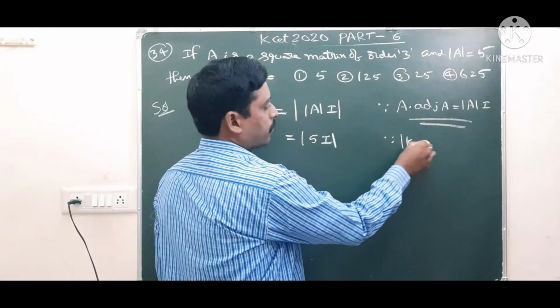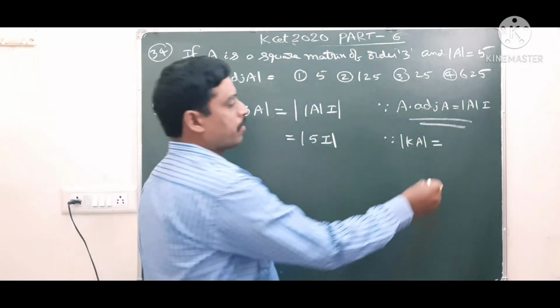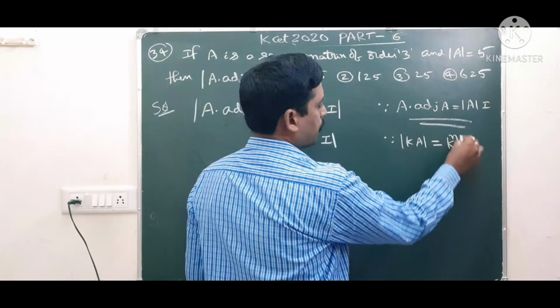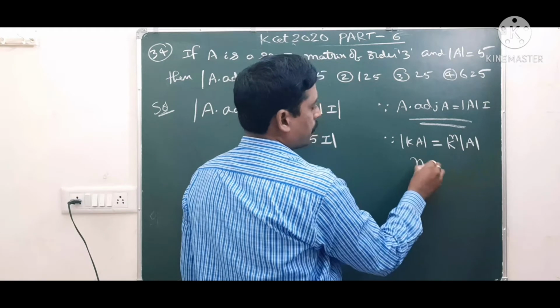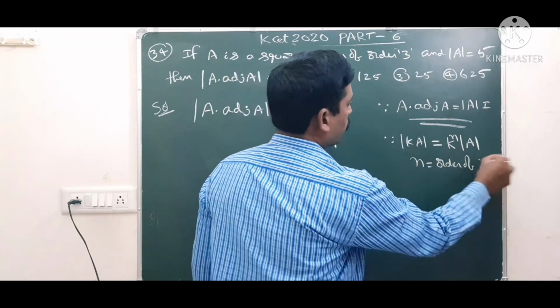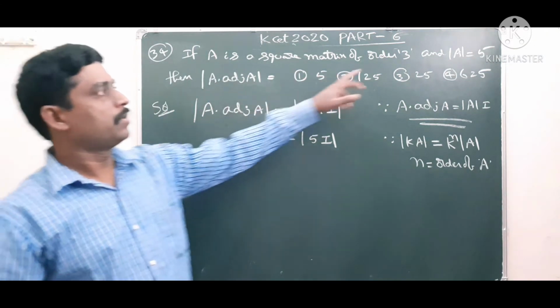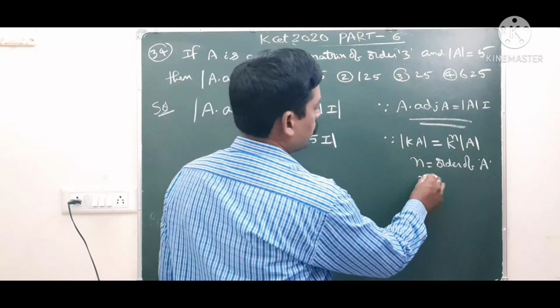We have det of kA is equal to k to the power n into det A, where n is the order of the matrix. Here the order is equal to 3 given, so n is equal to 3.